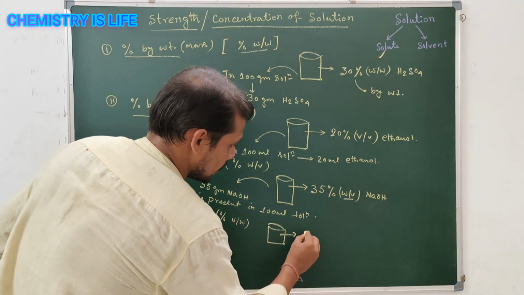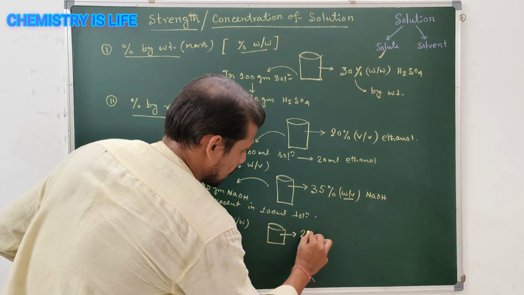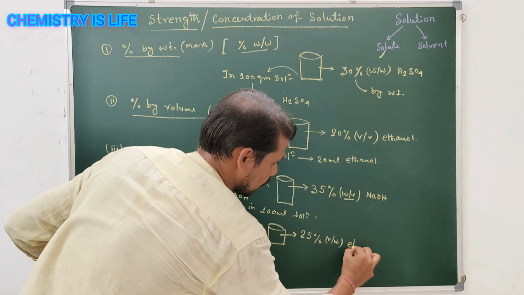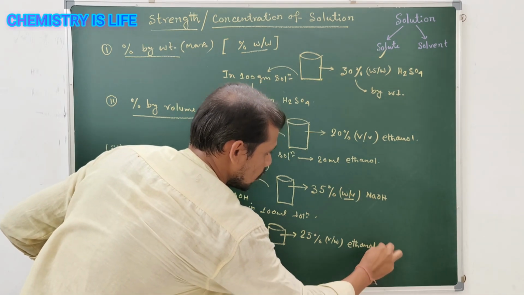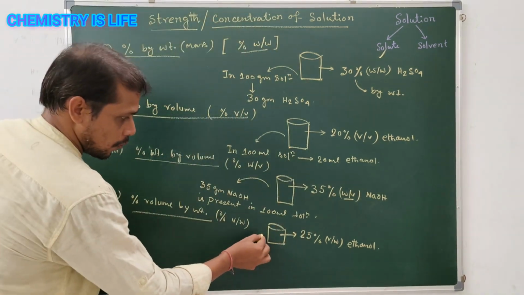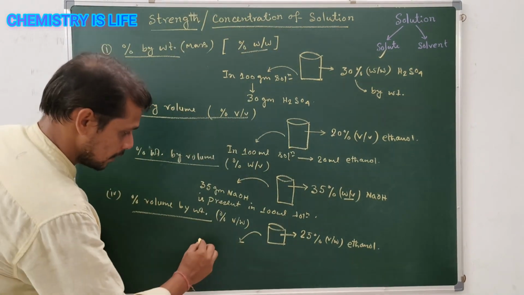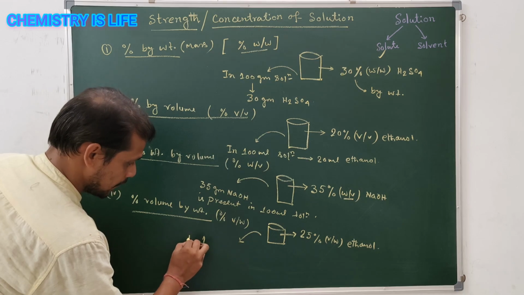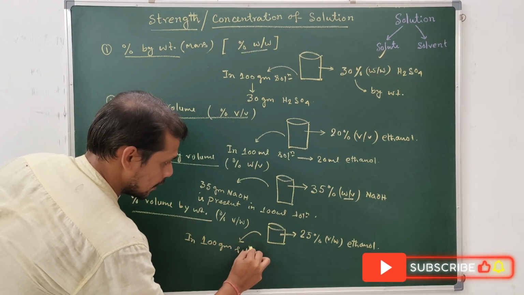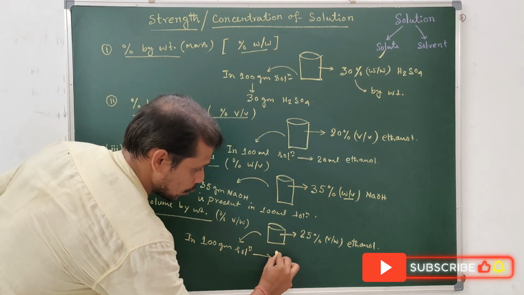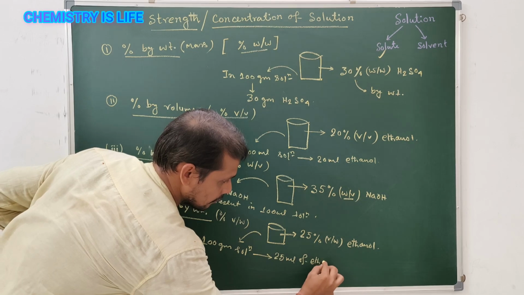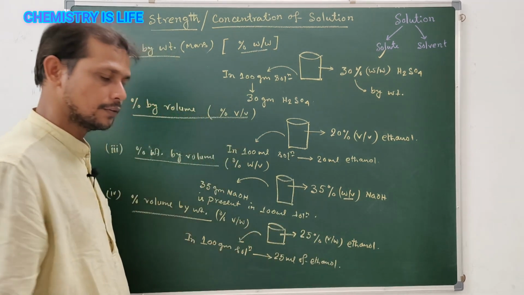It is written as 25% V by W ethanol. So when the solute is liquid, what does that mean? It means in 100 gram solution, there is 25 ml of ethanol present as a solute.